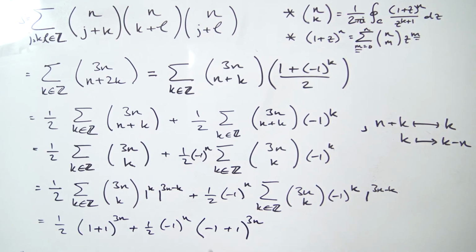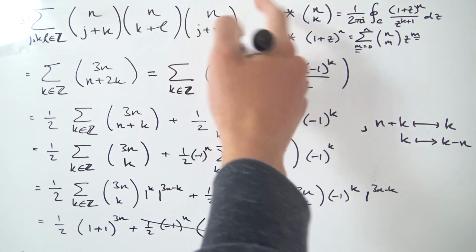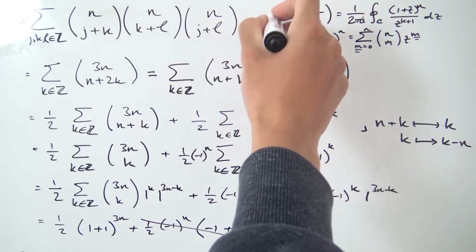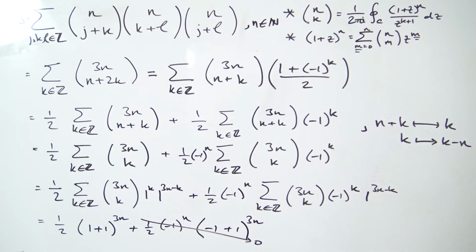Minus 1 plus 1 is just 0, so this whole second term actually vanishes, assuming n is a natural number. I actually forgot to mention that at the very start. My bad. n is a natural number. And how about this first sum? Well, that just becomes 2 raised to the 3n, but we have this half out here. So what this becomes in the very end is 2 to the 3n, and then minus 1 because of this half.